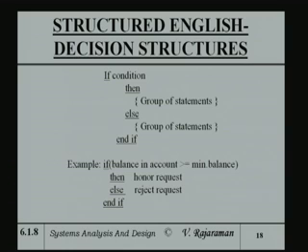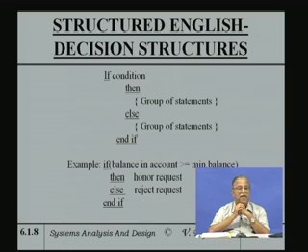Then there are conditional statements like if condition, then carry out a group of statements, else another group of statements, and end if. You can say that if and end if are bracketed. So, for example, if balance in account is greater than or equal to minimum balance, then honor request, else reject request.